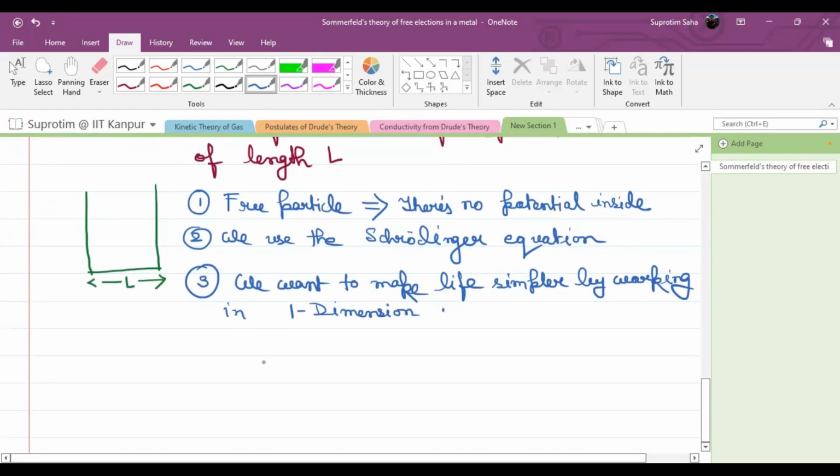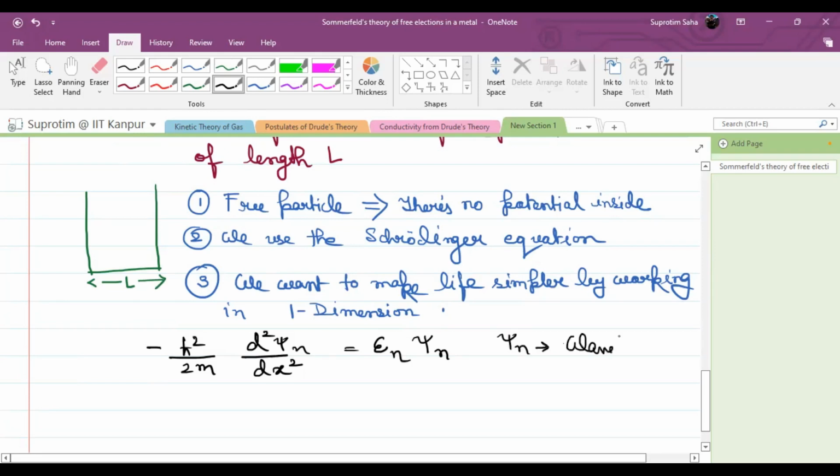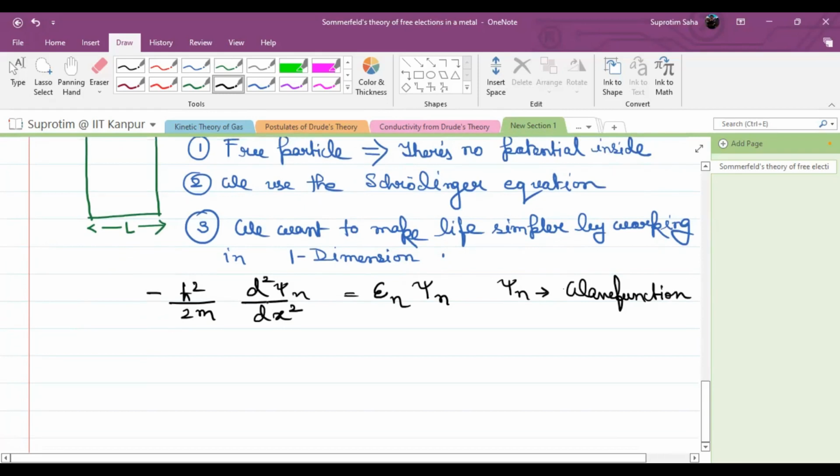So let us just write the Schrodinger equation, which is minus h bar squared by 2m d2 psi dx2 equals epsilon n psi n, where psi n is the wave function, and epsilon n is the energy eigenvalue.